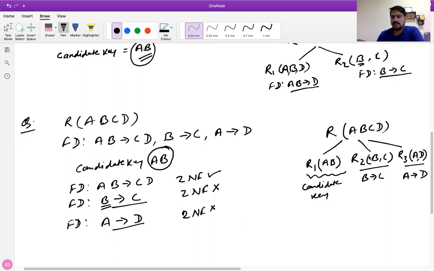Now in R2, B determines C, so B is the candidate key for R2. For R3, A is the candidate key. Getting it? And for R1, because it is the candidate key itself, we have to put that in one table. That is a requirement. Yes, sir. Got it.